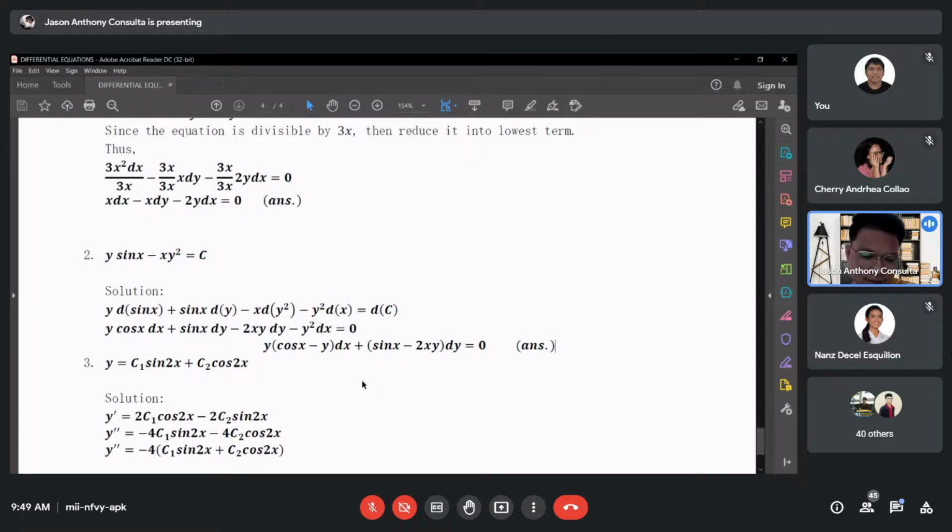So factor natin, common yung negative 4, di ba? So labas natin yung negative 4. Negative 4 is y double prime is equal to negative 4 times the quantity C1 sine 2x plus C2 cosine 2x. Ano itong C1 sine 2x and C2 cosine 2x?